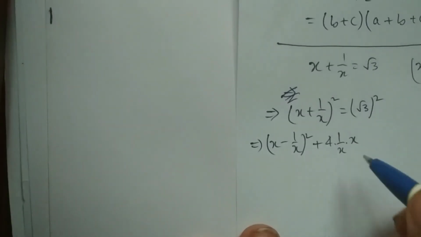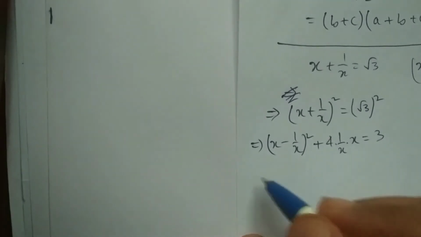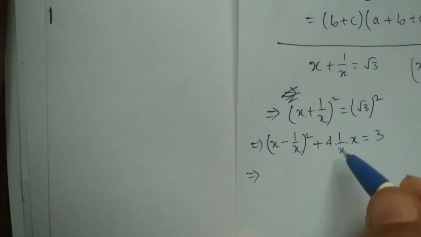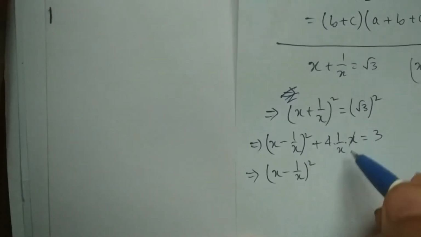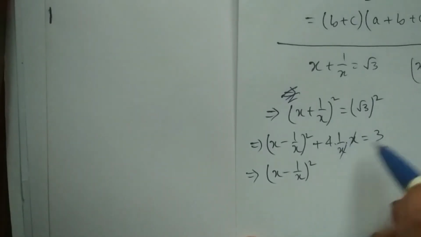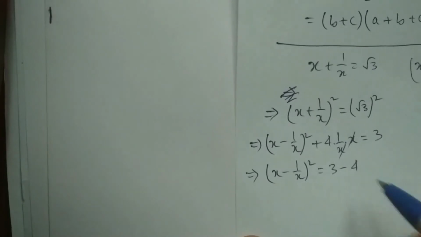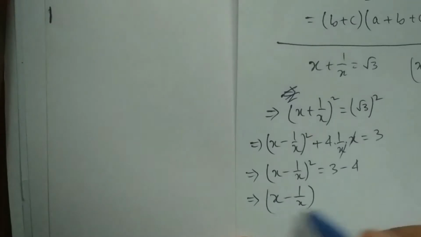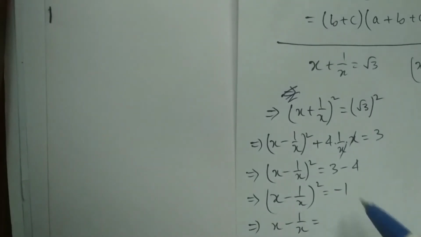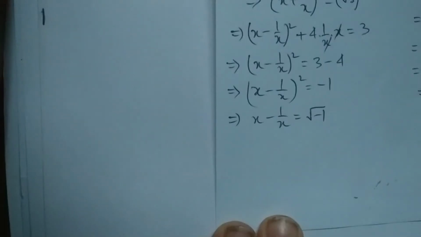In the right hand side, square root of 3 whole square means 3. So plus 4, if I transfer this 4 to the right hand side, it will be 3 minus 4. So x minus 1 by x whole square is equal to minus 1. So x minus 1 by x means square root of minus 1.